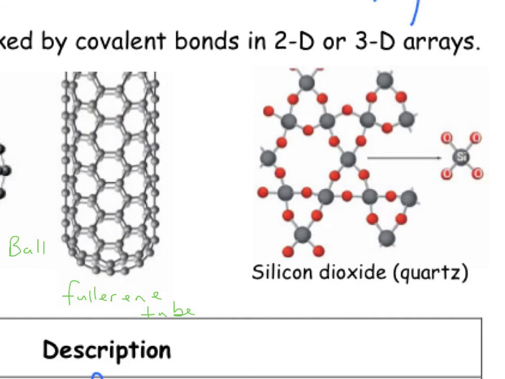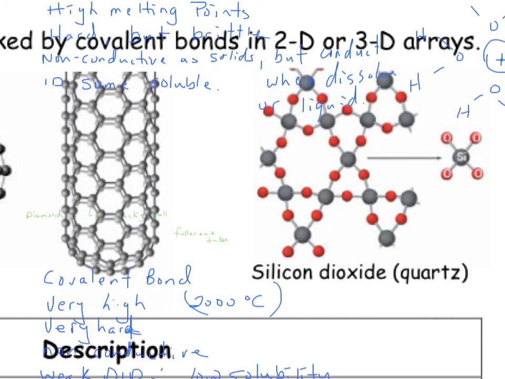Because of the hexagons, it's very, very strong. And because of all the open space in the hollow tube, it's very light, which gives you a very strong and light construction material, which is why they make sailboat sails out of it, hockey sticks, ski poles, things like that.